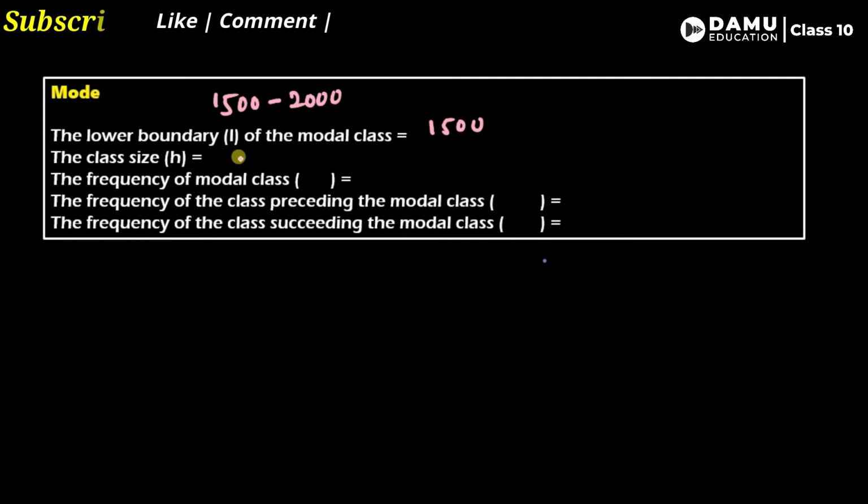Class size we have already calculated, that is 500. The frequency of the modal class, F1, is 40. F0, the frequency of the class preceding the modal class, is 24. Preceding means before. F2, the frequency of the class succeeding the modal class, is 33.